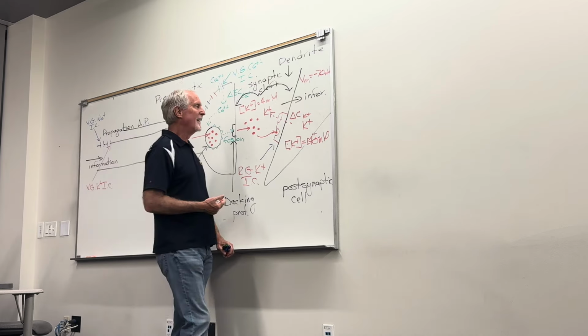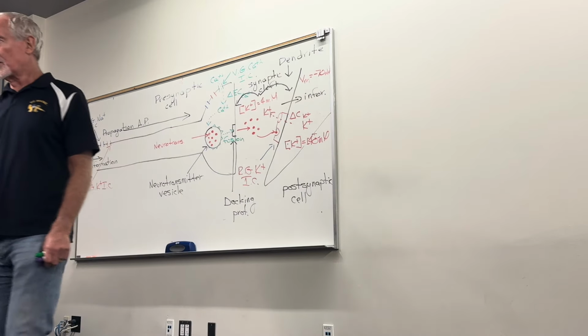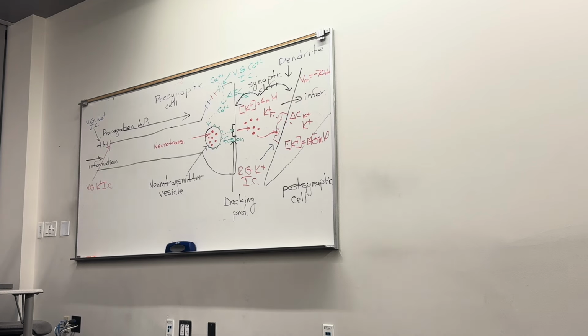Okay, Coulomb's law does not say that. Coulomb's law says that opposite charges attract and like charges repel. The inside of the cell is minus 70 millivolts. The charge on potassium is positive. Opposite charges attract. So the electrical gradient doesn't favor the efflux of potassium. It favors the influx of potassium.